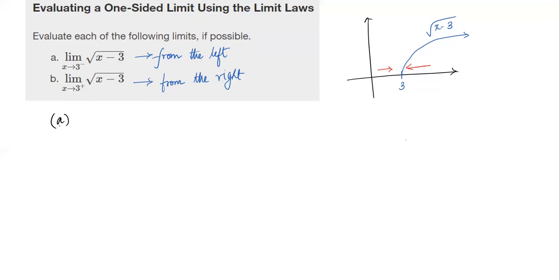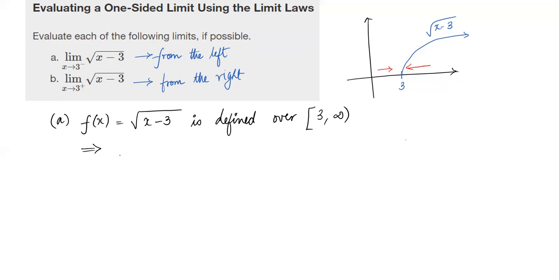For answer A, we say f of x is defined over the interval 3 to infinity. This implies square root of x minus 3 is undefined to the left of 3.